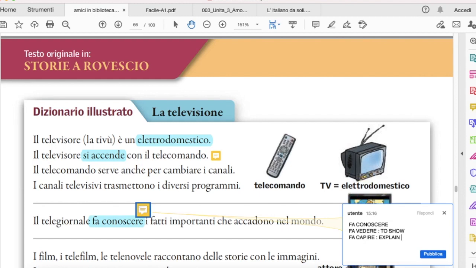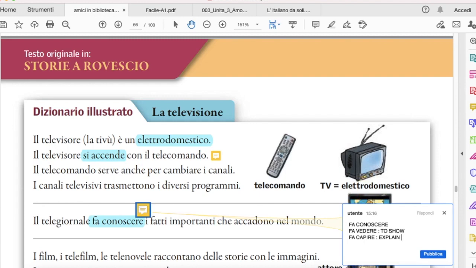So, sometimes the translation in English is different, because if I say make people understand, then that's fine, right? But if I say fa vedere, right? It will be to make them see the picture, for instance, right? Fa vedere la foto. Or I could just have farsi vedere, right?